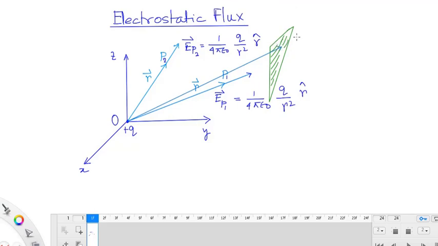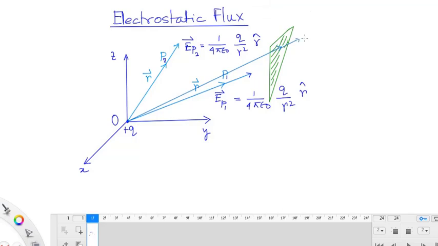And the direction will be along this radius vector. So let's draw this electric field. It will be in this direction.